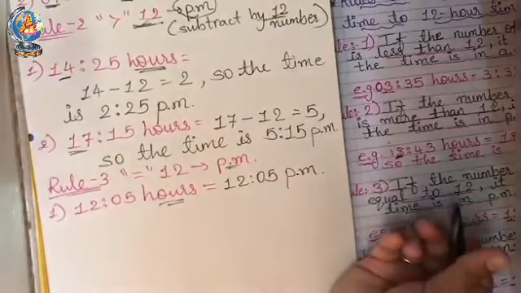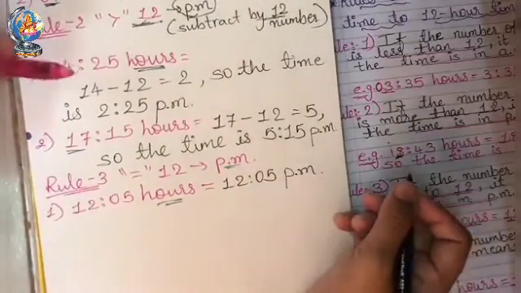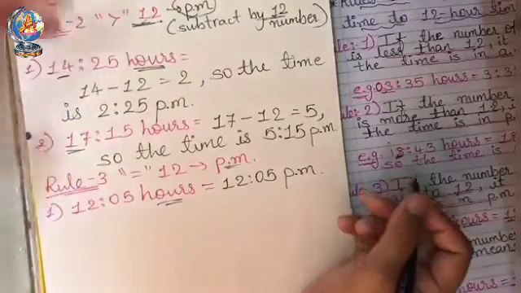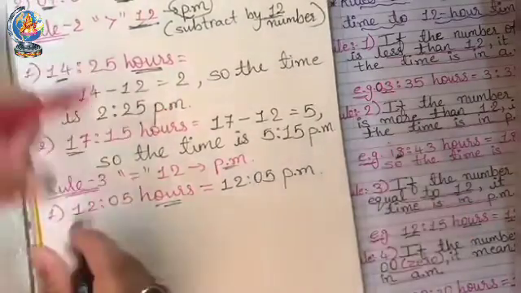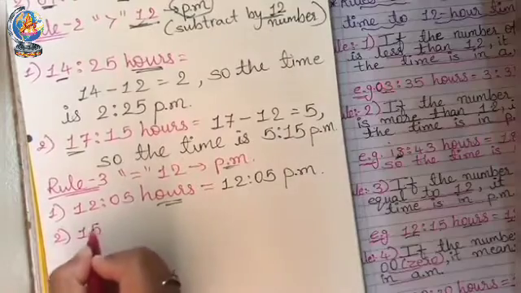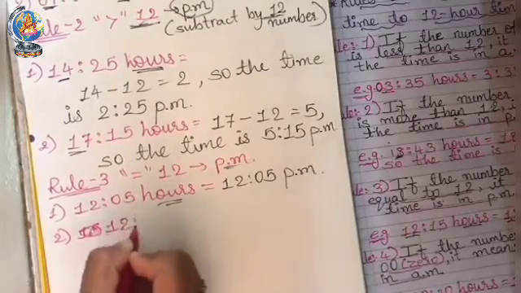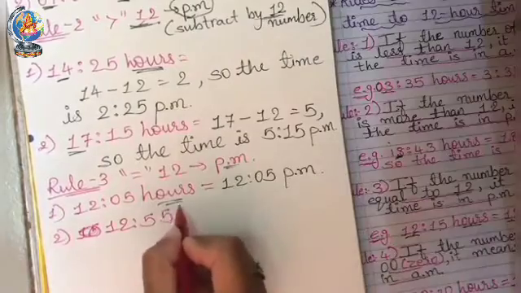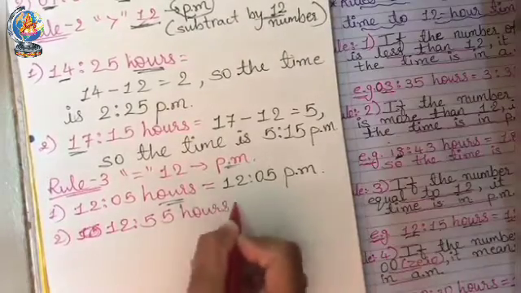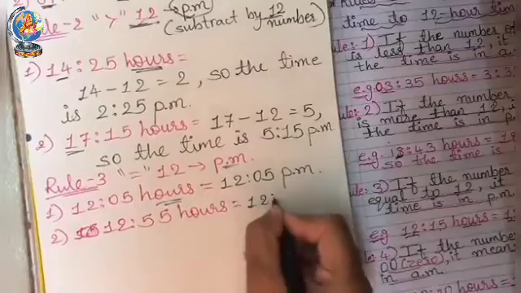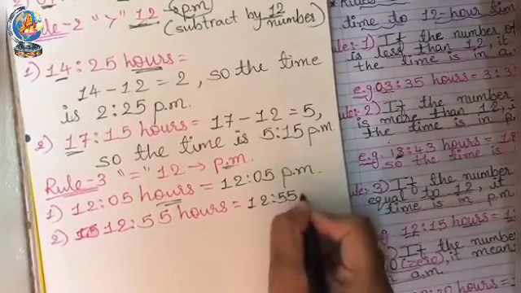As per rule 3, if any question is asked, then second question, 12:55 hours is equal to 12:55 p.m. Okay.